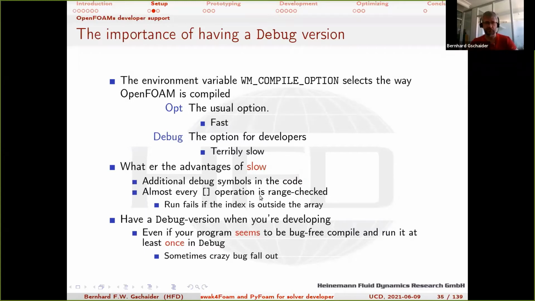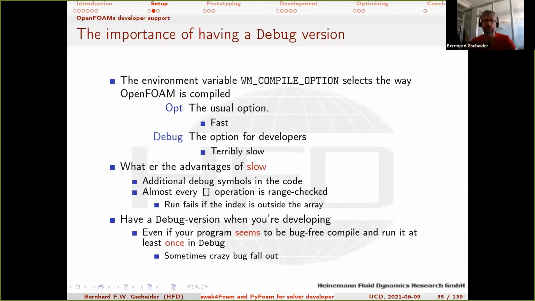So if you try to access a list outside of its range, these operations will fail. That's because in the regular solver, the Opt version, this is not checked. So if you access something outside of the list, then if you are lucky, you get a segmentation fault. And if you're unlucky, it just works outside of the list, and it's possible that you get weird bugs.